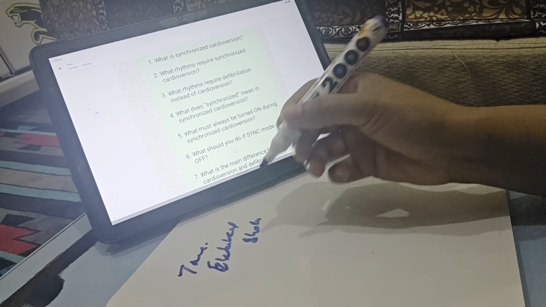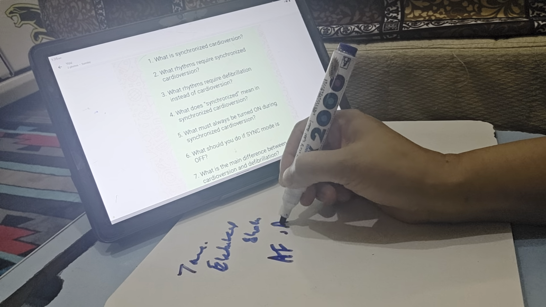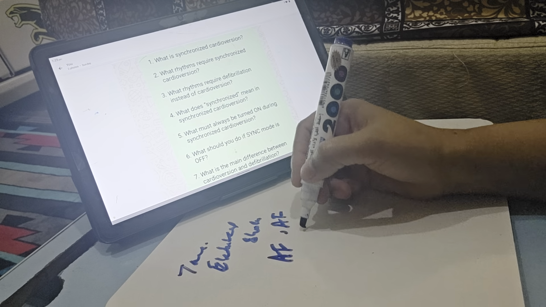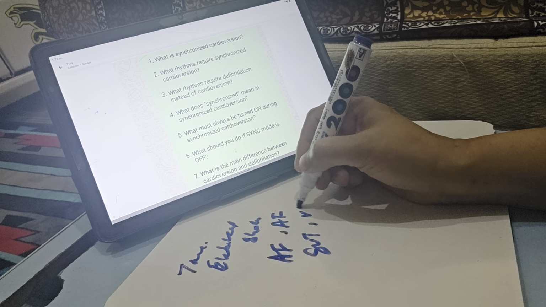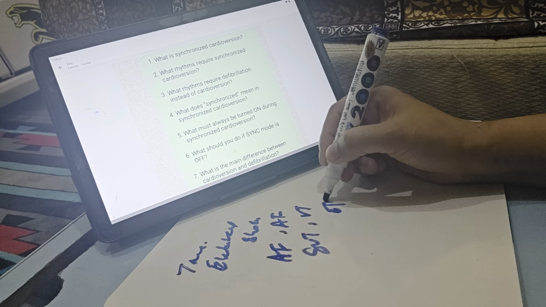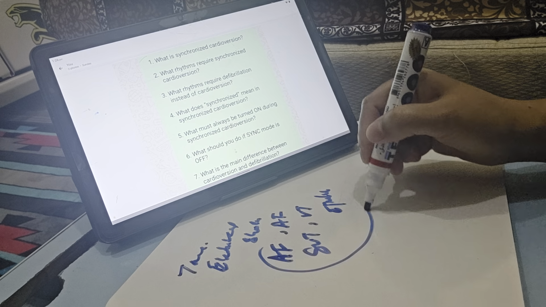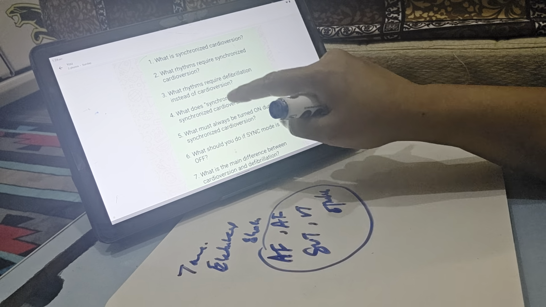Synchronized cardioversion is used if the patient has atrial fibrillation, atrial flutter, SVT (supraventricular tachycardia), or VTach that is unstable tachycardia but with a pulse. In these rhythms we use synchronized cardioversion.